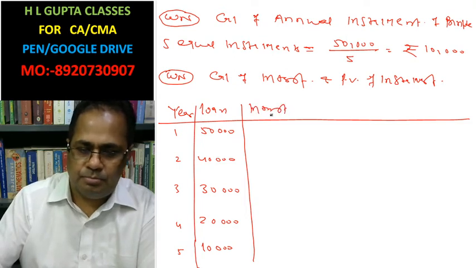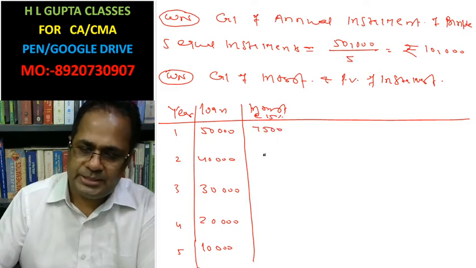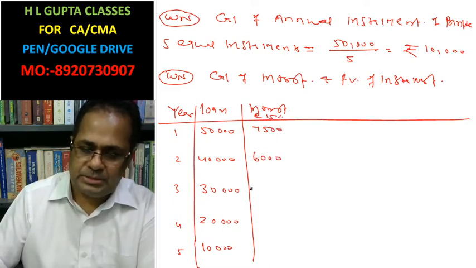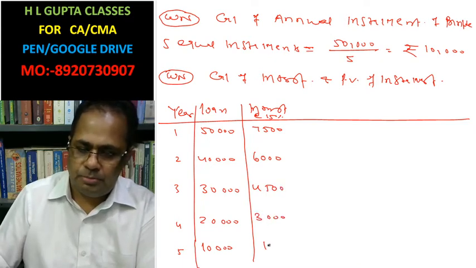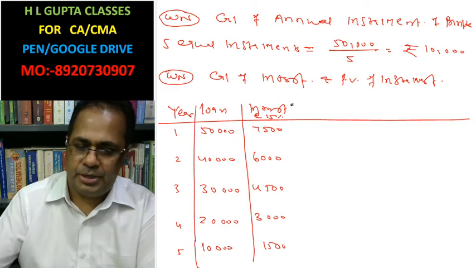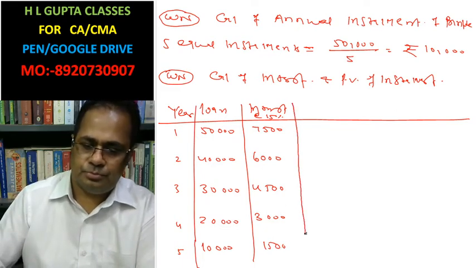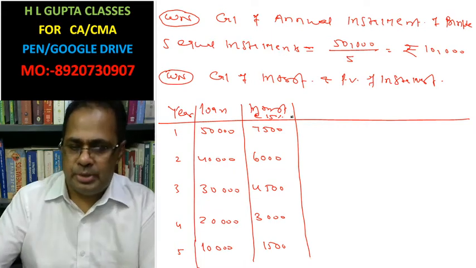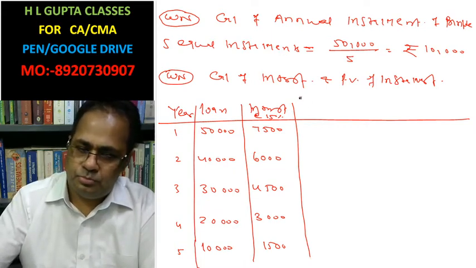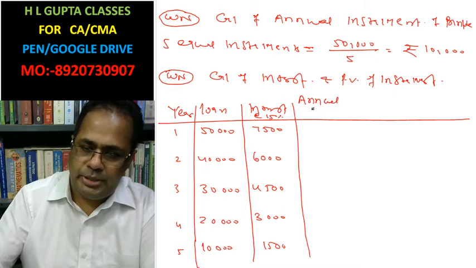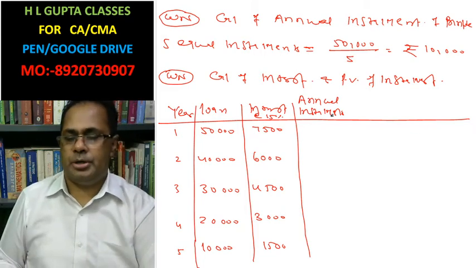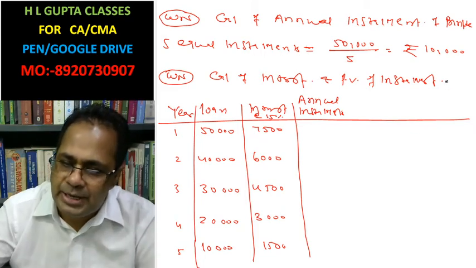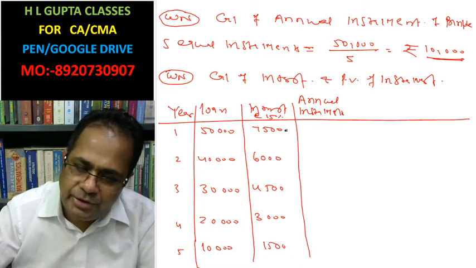Interest at the rate of 15% is 7,500, 6,000, 4,500, 3,000, 1,500. The annual installment is the 10,000 principal plus interest.